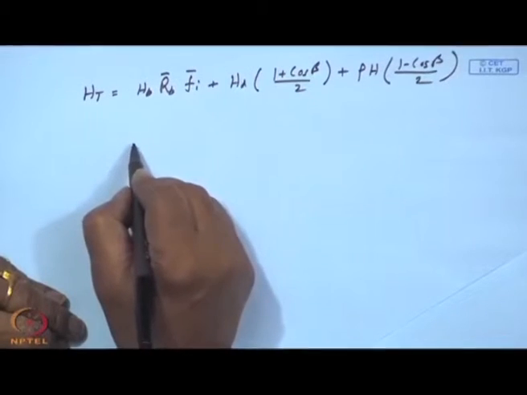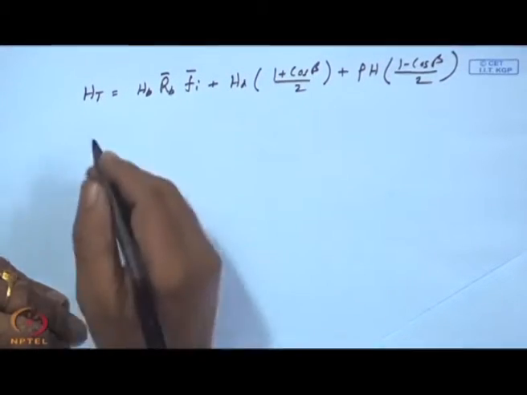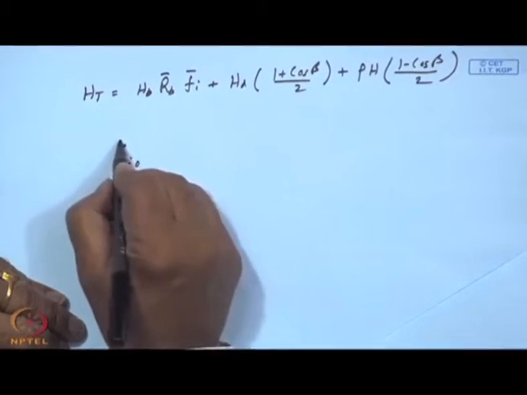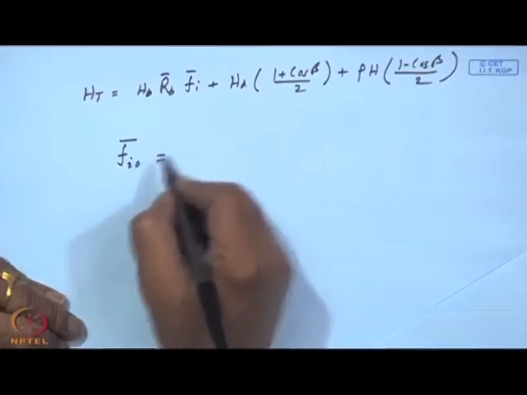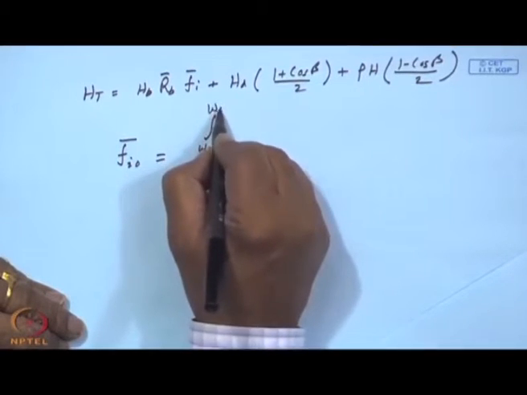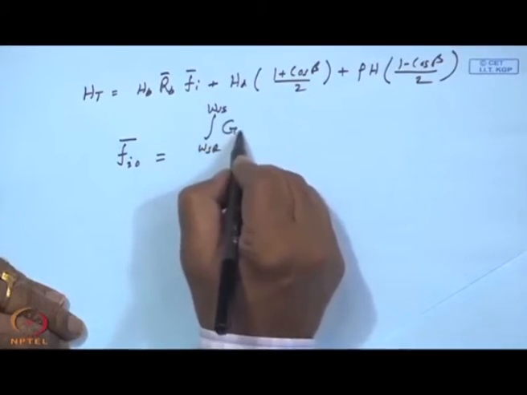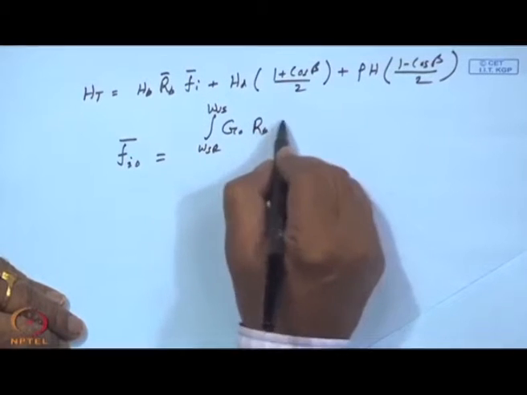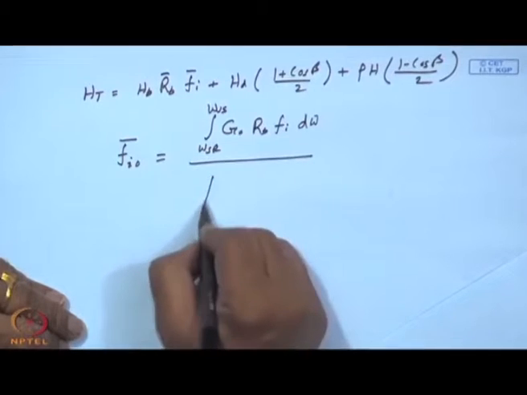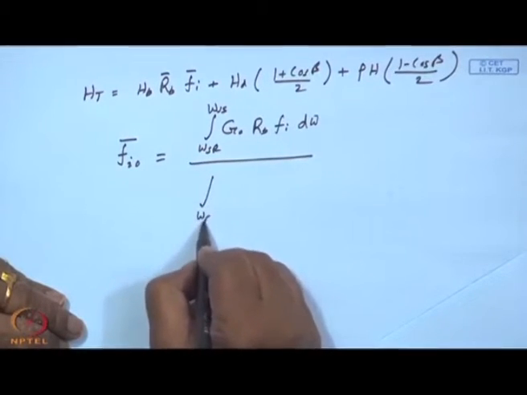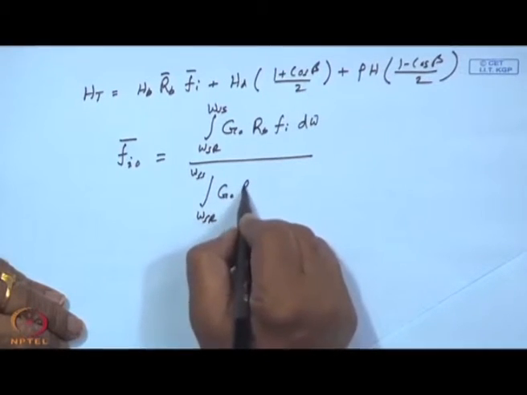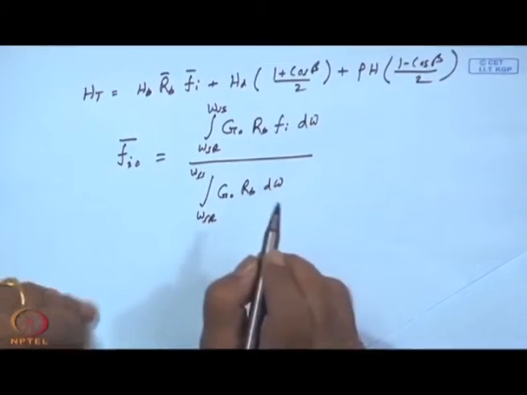So, under extraterrestrial calculations, just like we have done for R b bar, which I will indicate by the additional suffix O, it will be the integral from omega S r to omega S s of G 0 R b F I d omega, upon the integral from omega S r to omega S s of G 0 R b d omega.